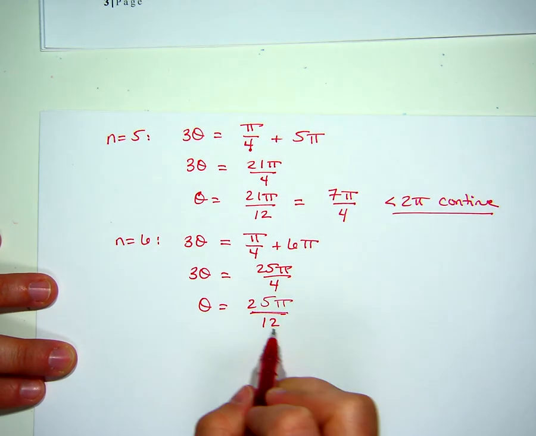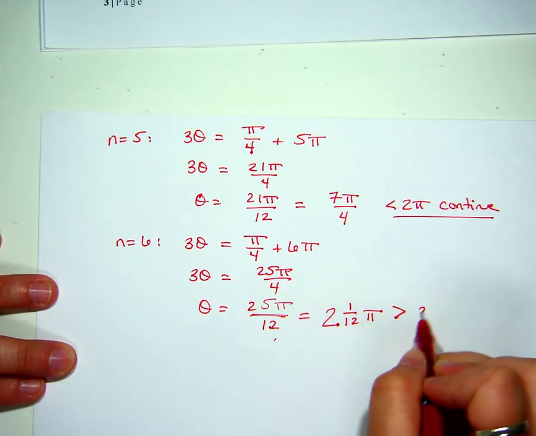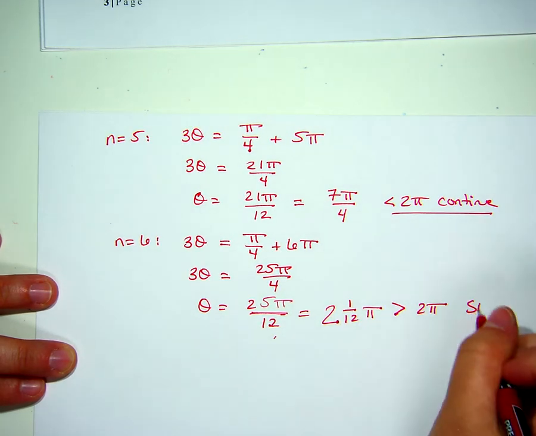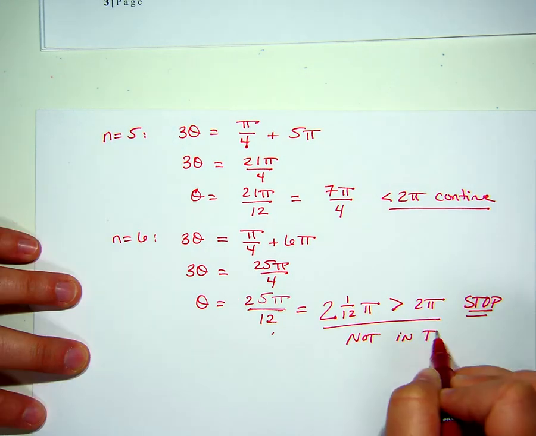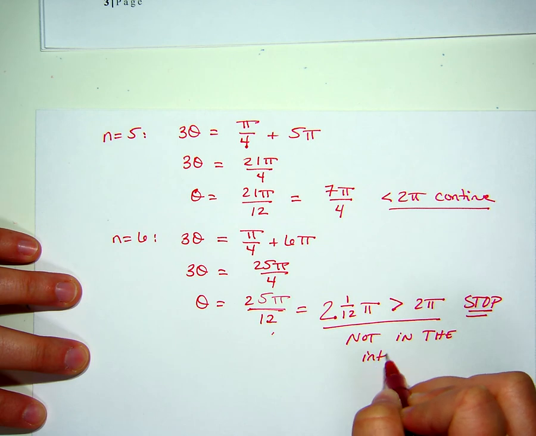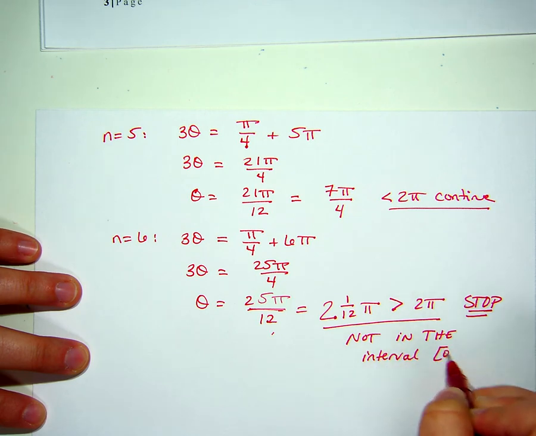Now, 12 goes into 25 2 full times with 1 left over. This is larger than 2 pi. This means stop. This is not in the interval 0 to 2 pi, so do not include.